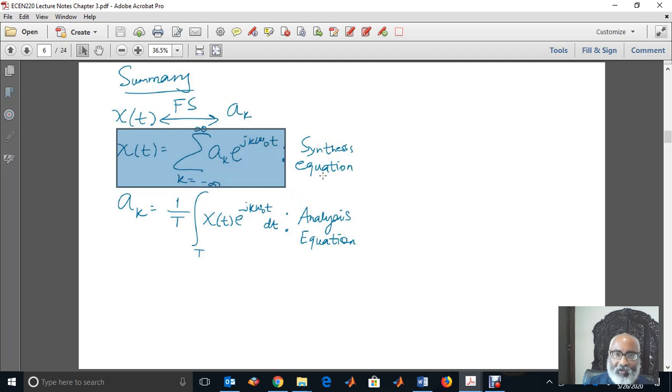This equation is called the synthesis equation because the signal x of t can be built from the frequency components.